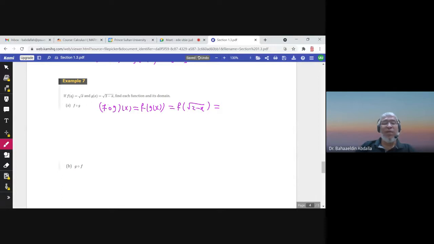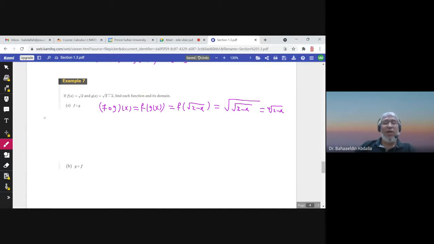It would replace x by the square root, but I have already a square root, so it would be square root of, and replace this x by the square root. When you have two square roots like this, you multiply the indices. 2 times 2 would be 4, and you will have the fourth root of 2 minus x.